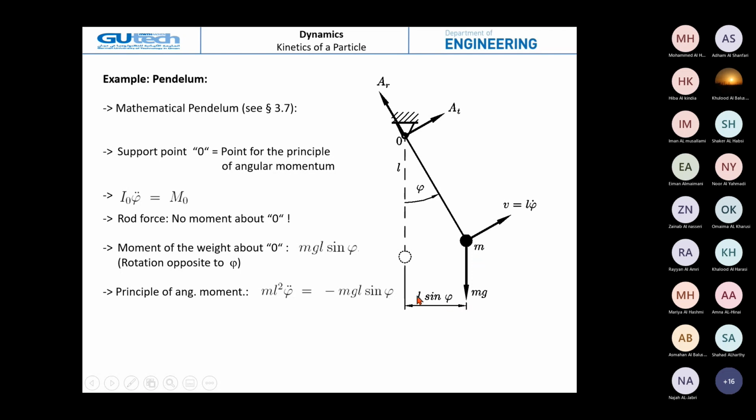Why? When we take this axis z, it's outward to the plane of e_r, e_t, and this moment will be in the opposite direction to z. For this, we take the sign minus.